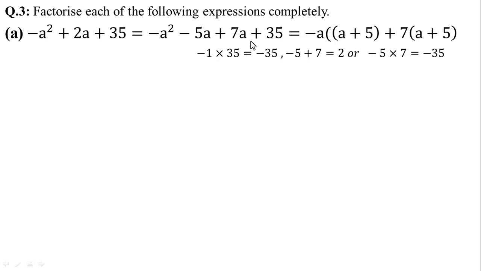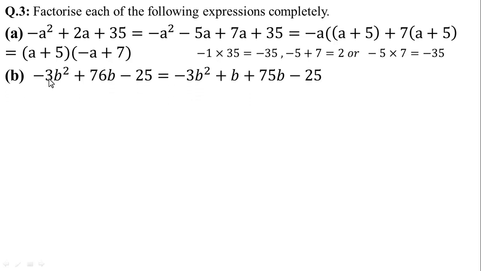The last two parts are divisible by 7, so taking 7 common, 7 into a plus 5. Here a plus 5 and a plus 5 is common in both terms. Then a plus 5 into minus a plus 7.